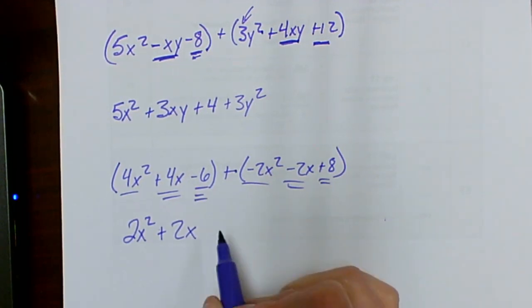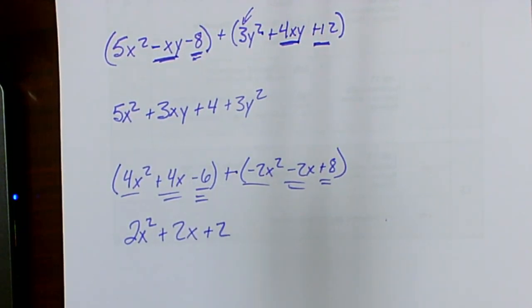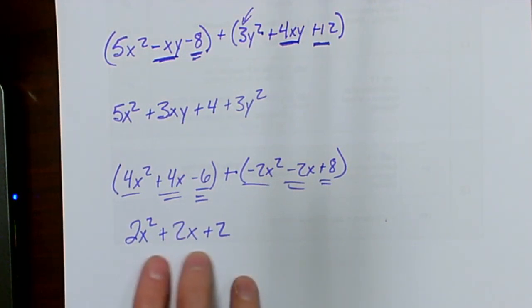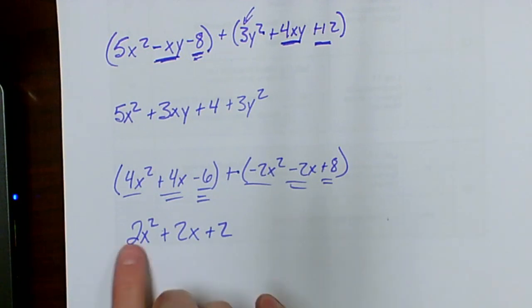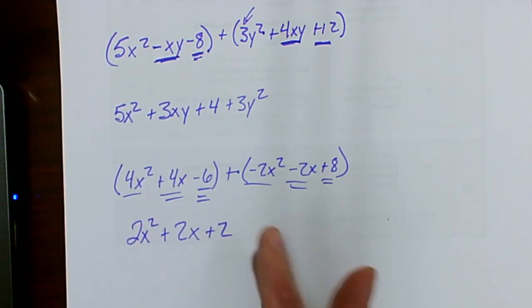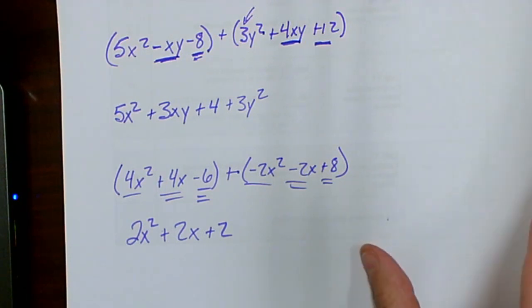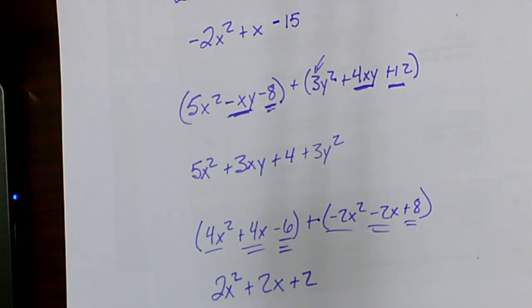And then the negative 6 plus 8, that's going to give us a 2. Okay, so simple enough. And since this is in one variable, always lead with your largest exponent and then go in numerical order, decreasing in value.